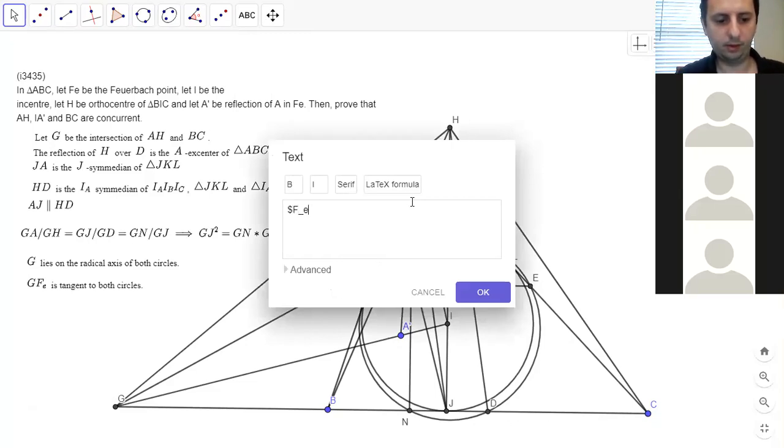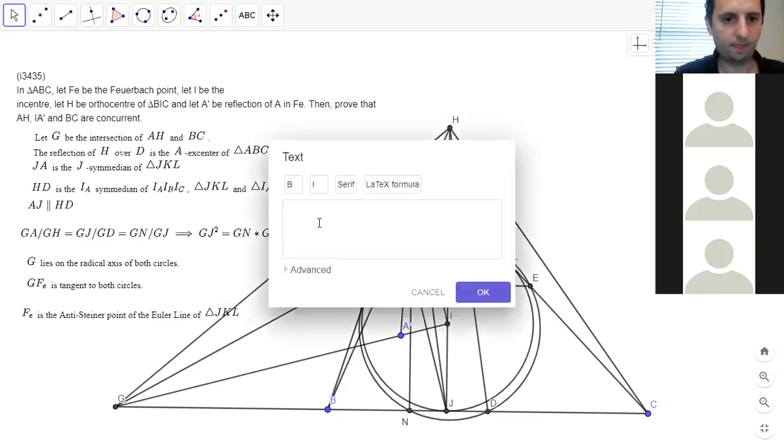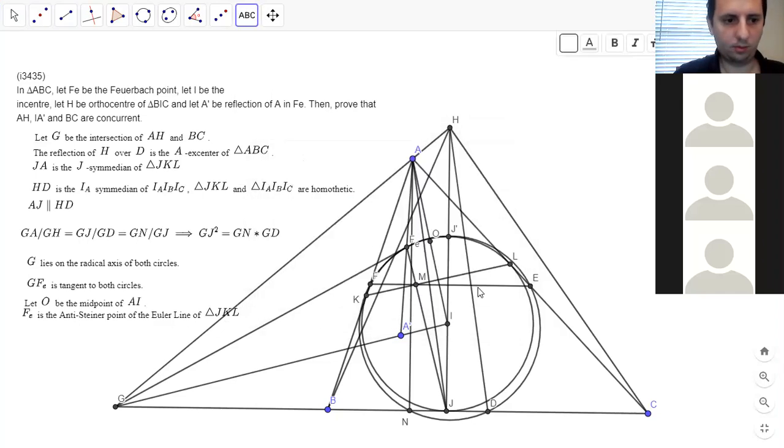So FE is the anti-Steiner point of the Euler line of triangle JKL. And so that means that FE... So I'll say let O be the midpoint of AI. So this implies that FE, O, and J' are collinear.